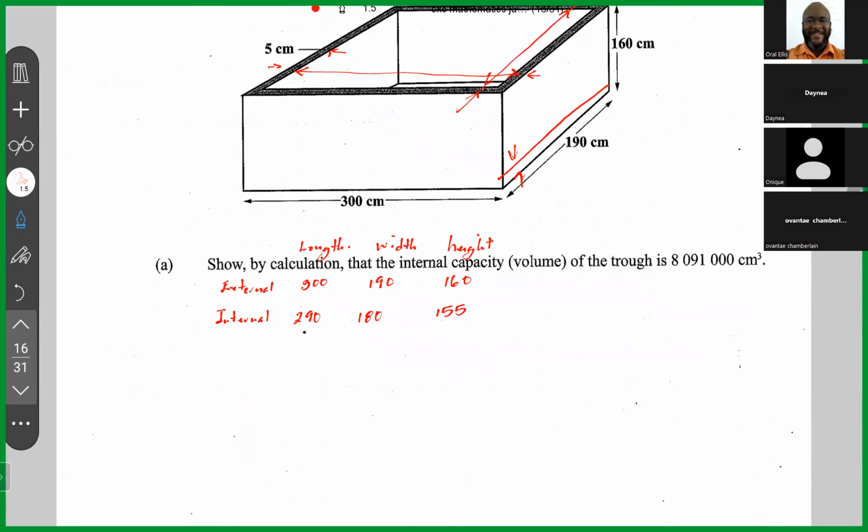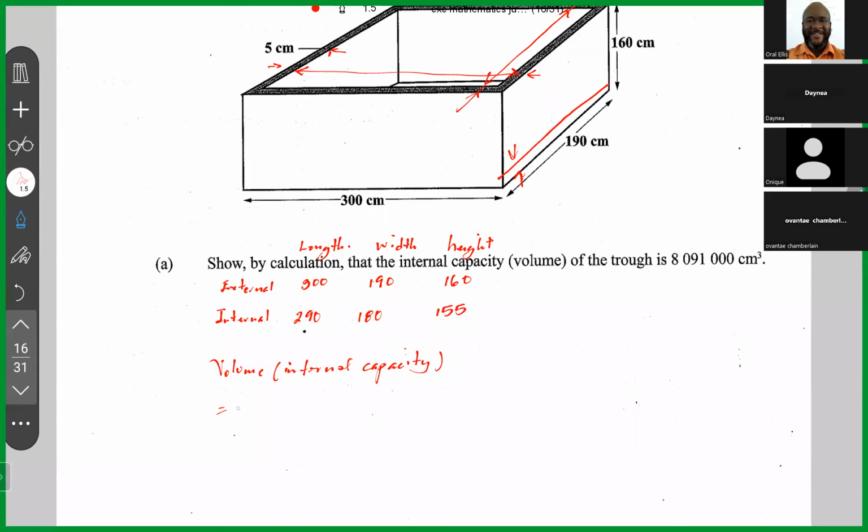Now, the trough is in the form of a cuboid, which is a solid shape with a uniform cross-section. The volume, or we could say capacity, that's what we're asked for, the capacity, which is the volume, or internal capacity, is equal to length times width times height.